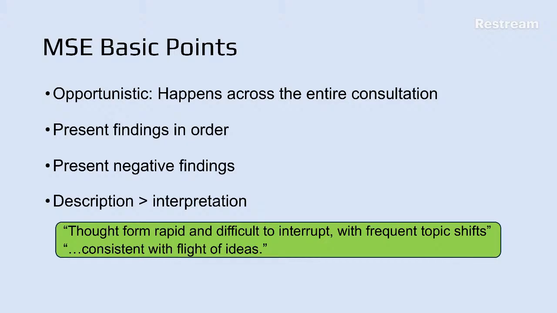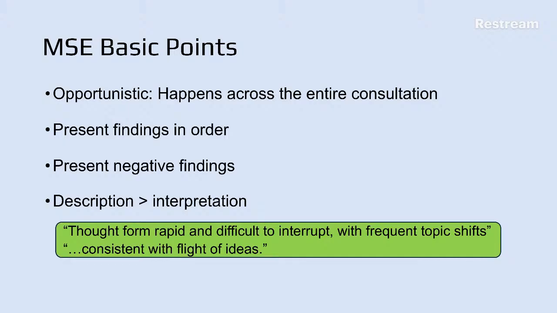So, basic points of the MSE. Unlike a lot of other examinations, the MSE is usually opportunistic. It happens across the course of what seems to be a clinical history session. You're just talking to the patient, but you're also asking these questions and eliciting these signs as you elicit your history.